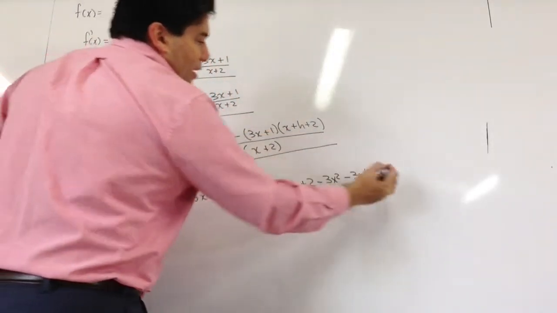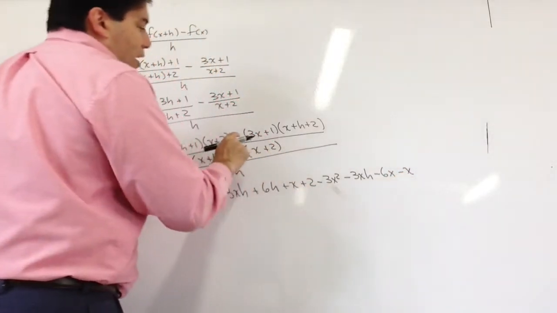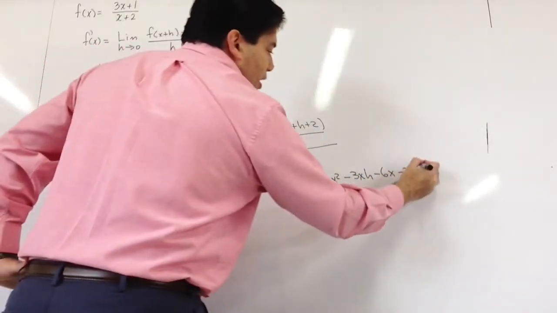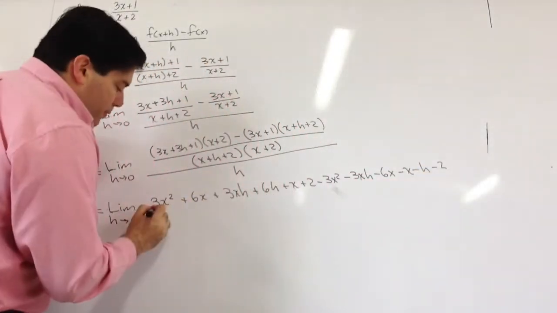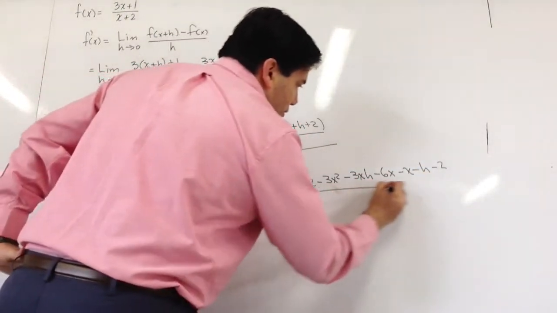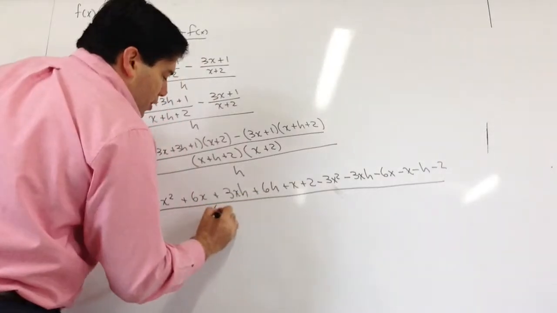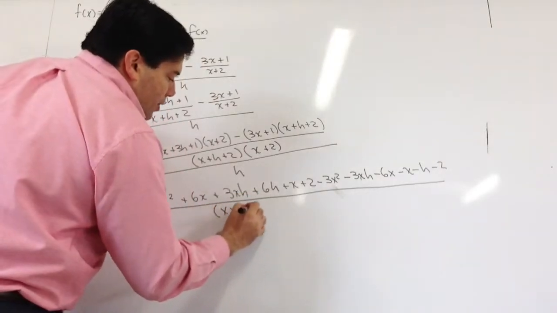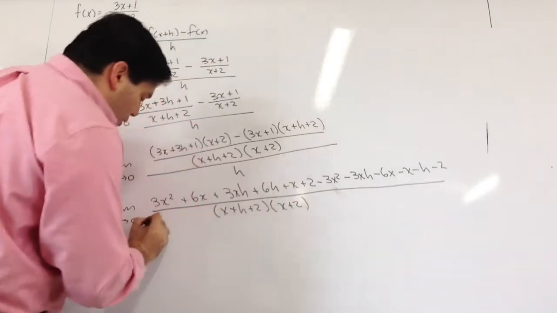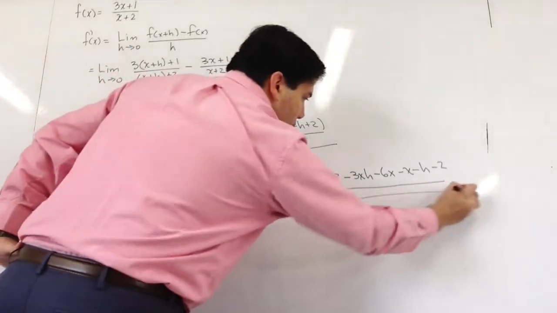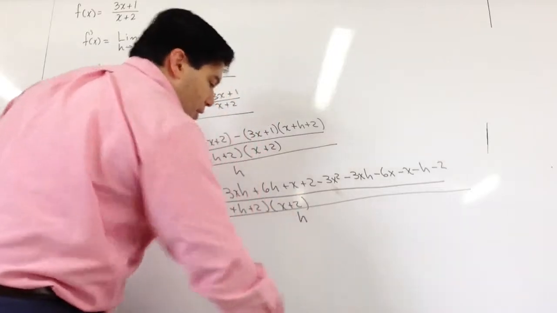Negative 1 times x is negative x. Negative 1 times h, negative h. Negative 1 times 2 is negative 2. Oof, all that over x plus h plus 2 times x plus 2, and all that over h.